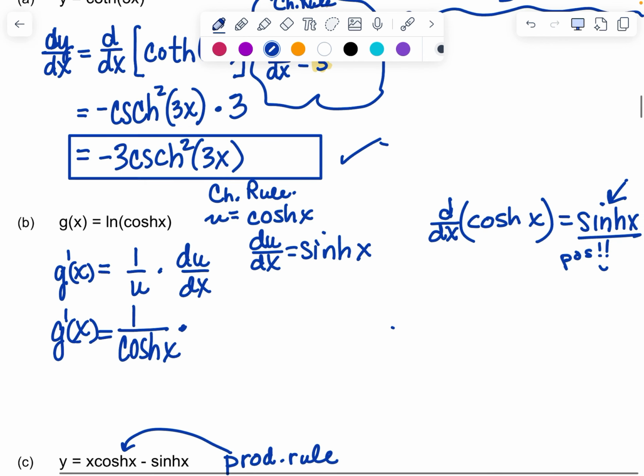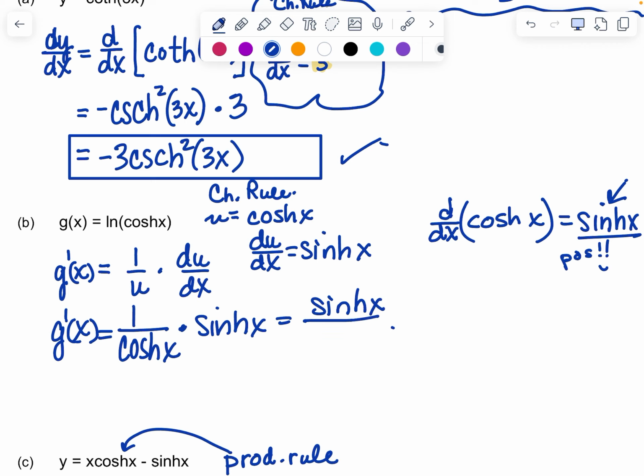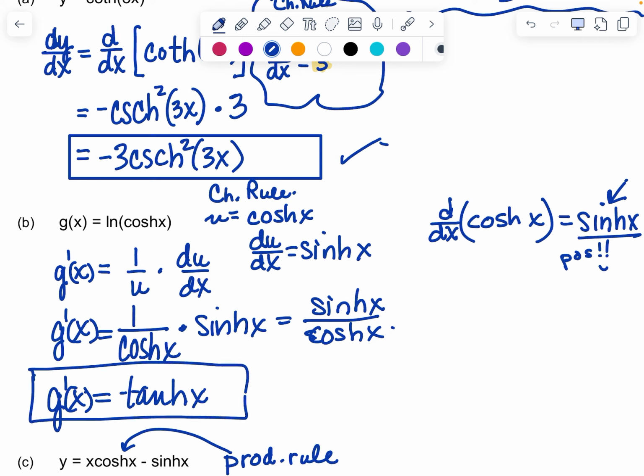So you just multiply 1 over u times du/dx, and you get the hyperbolic sine over the hyperbolic cosine, which is the hyperbolic tangent. And there's your identity. So you want to make sure that you know this. The sine over cosine works the same way. It's the hyperbolic tangent.